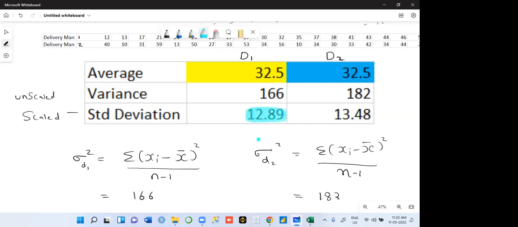D1. So D1 is the more consistent delivery boy. So the lower the variance, the more consistent the delivery. If variance is low, can I say the mean will be accurate? Agree? Lower difference between data means the mean will be accurate. Higher difference between data means the mean will be different, will be large.